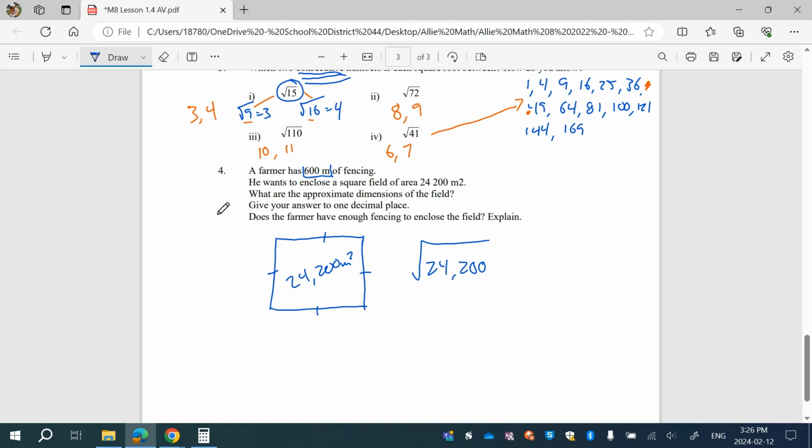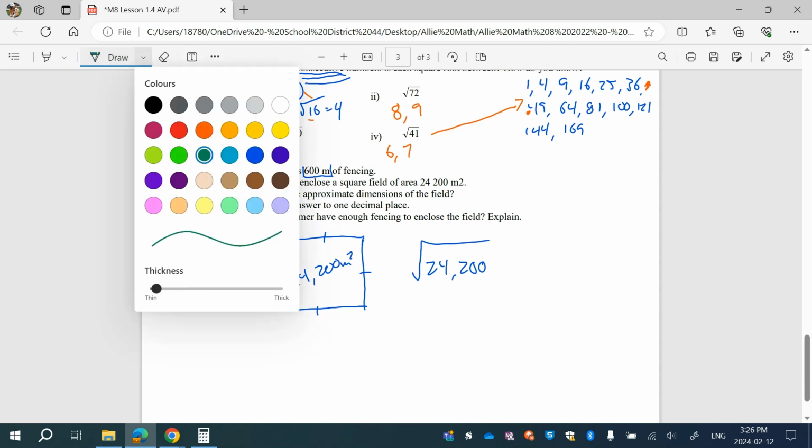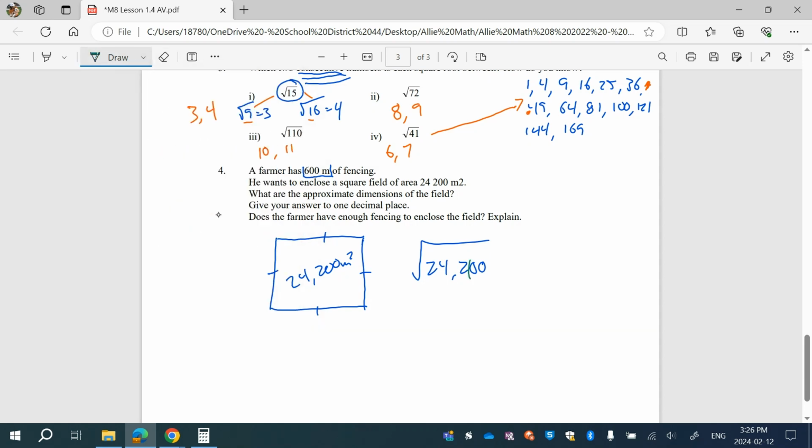So what I'm going to do is, just for a moment, ignore these two zeros. Just pretend this is 242. Now that's much more manageable, okay?